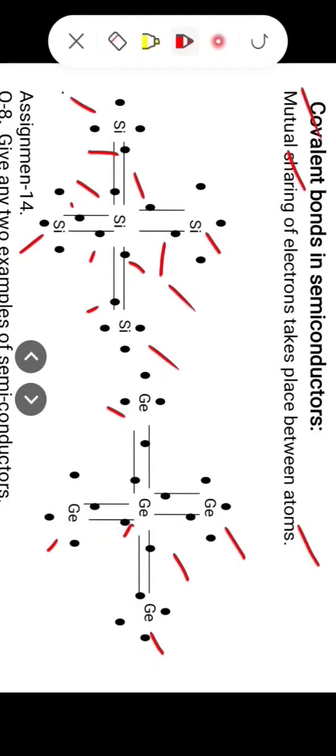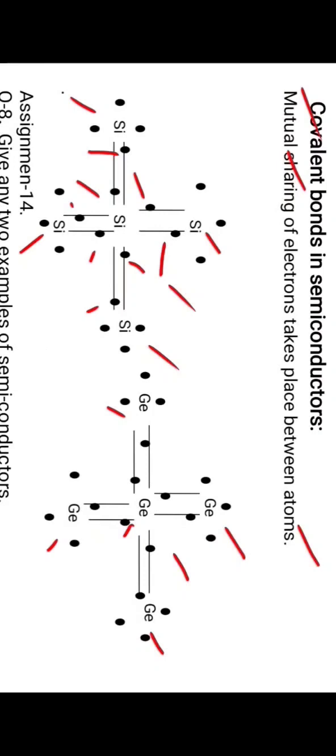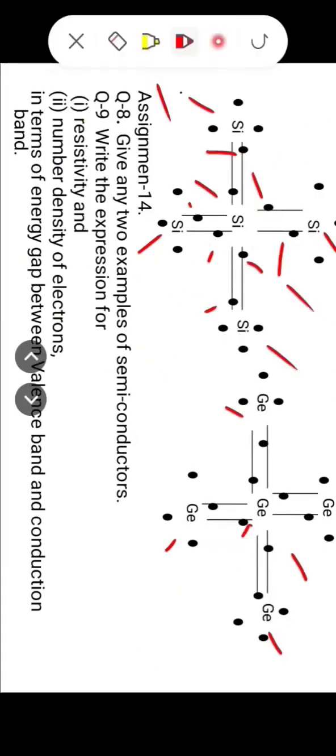Silicon and germanium form covalent bonds. Even other fourth group elements also enter covalent bonding, those elements whose atoms have 4 electrons in their outermost orbit.